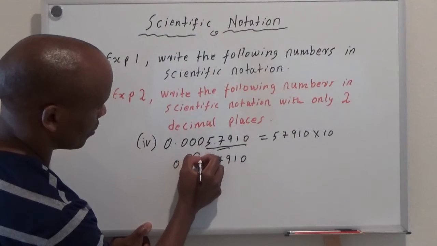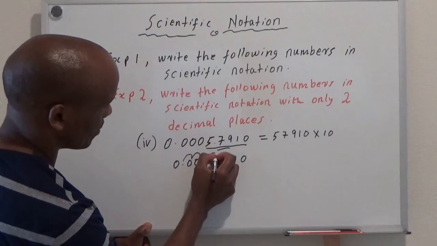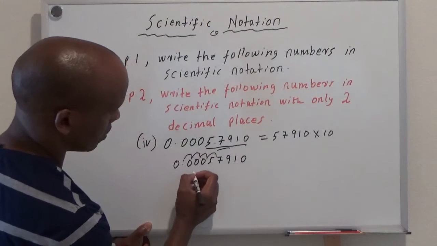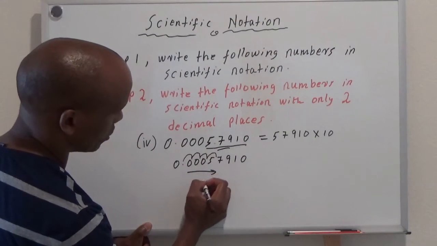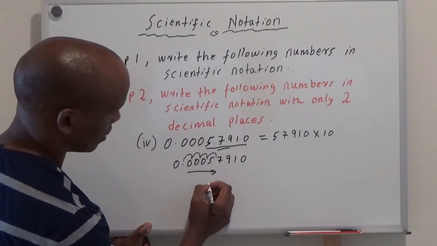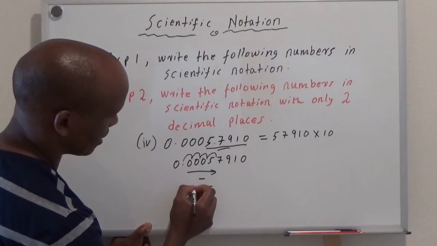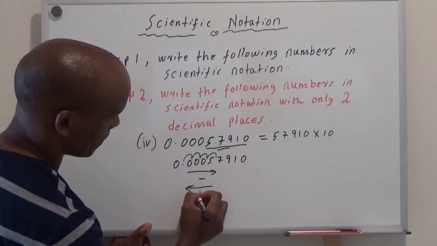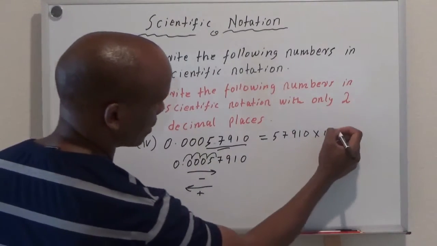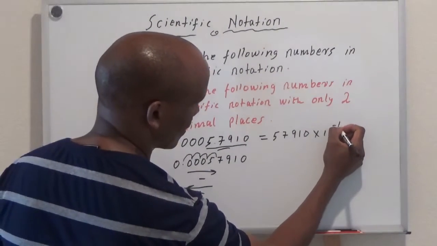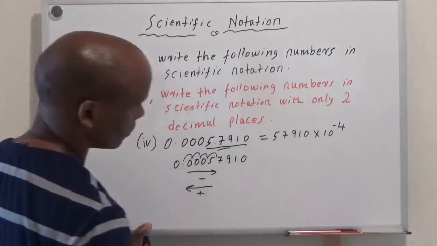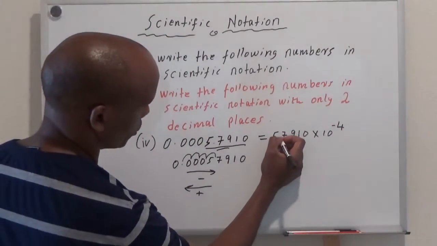To come here, how many places did I move? 1, 2, 3, 4. I was moving that way, so it will be negative. If you go that way, it will be negative; if you go this way, it's positive. So it will be negative 4, and my point will be there.